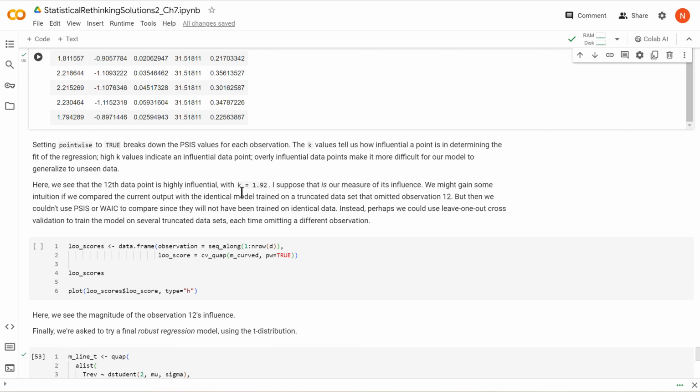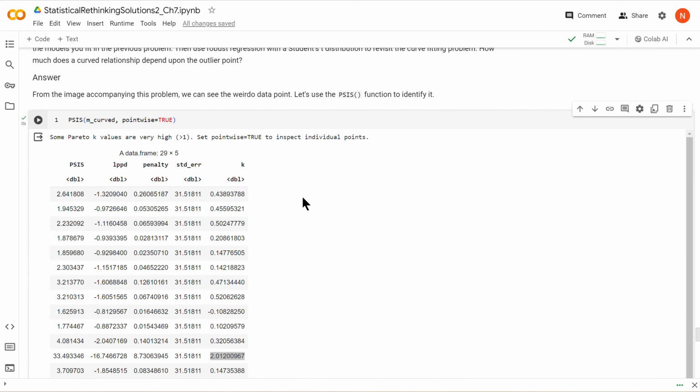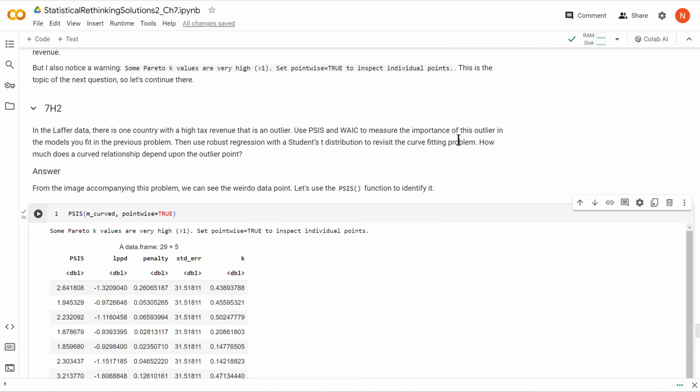When I first ran this, it was a K value of 1.92, but either way, it's a high K value.